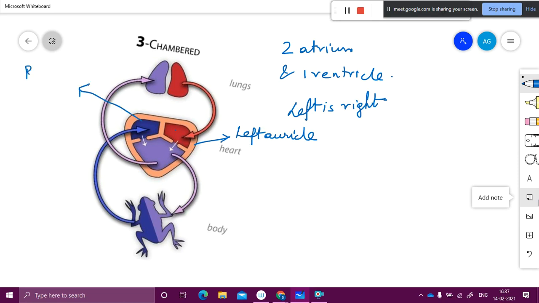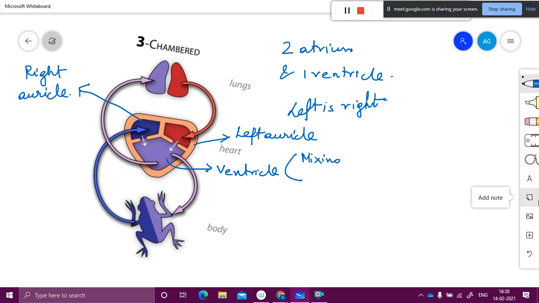This is the right auricle. And of course this is the ventricle. You can see that there is a mixing of oxygenated and deoxygenated blood over here.